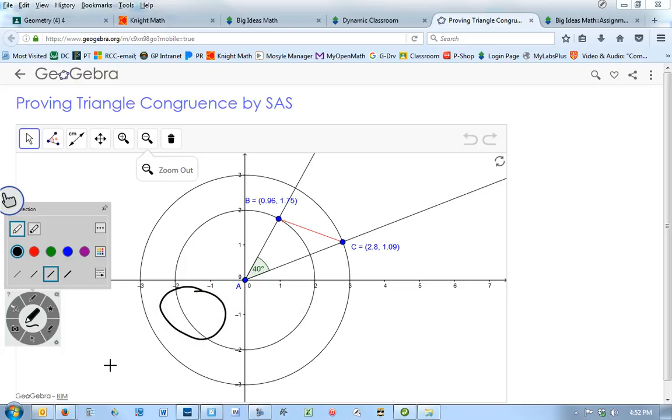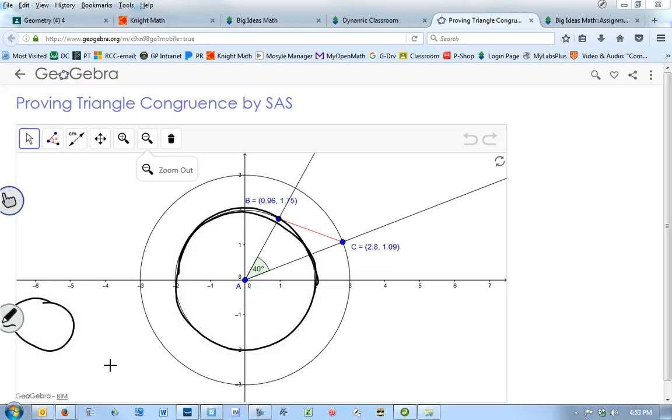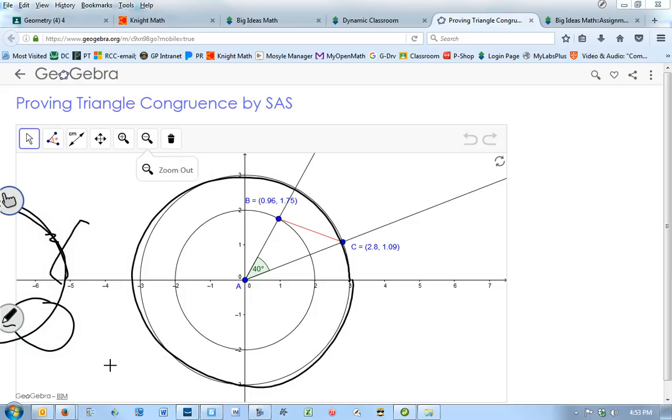Notice we've got a circle with a radius of 2, so this distance has to be 2 no matter what, because that's what a radius means. Here we've got a circle with a radius of 3, so this point gives us a line segment with a length of 3.